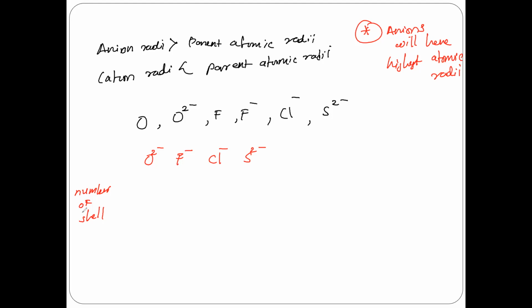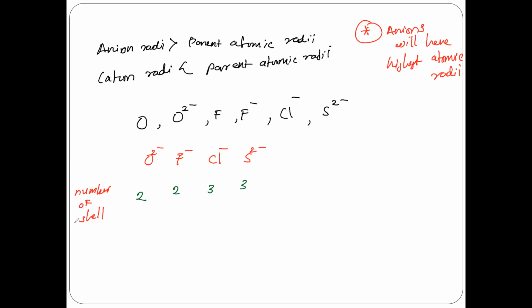So first we will write the number of shells. Oxygen, second period. Fluorine, second period. Chlorine, third. Sulfur, third. Now you have to check here, the number of shells is the same.